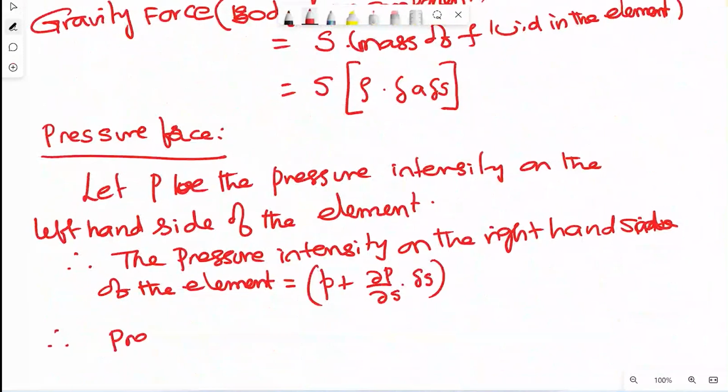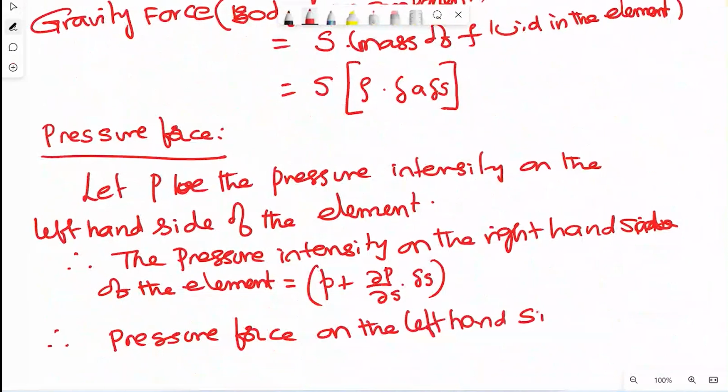Therefore, the pressure force on the left hand side of the element is equal to pressure intensity into area. What is the area? Area is delta A. Right?